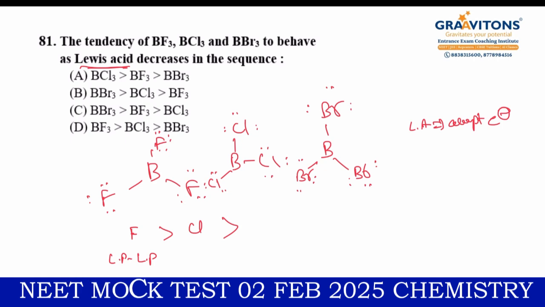Whereas if you go for bromine, where the lone pair repulsion is least, it makes your boron gain electrons. So compared to BF3, it is BBr3 which acts as a good Lewis acid because it accepts electrons very immediately compared to the other two. So I can take option B, where BBr3 is greater than BCl3 than BF3, because of this lone pair effect.